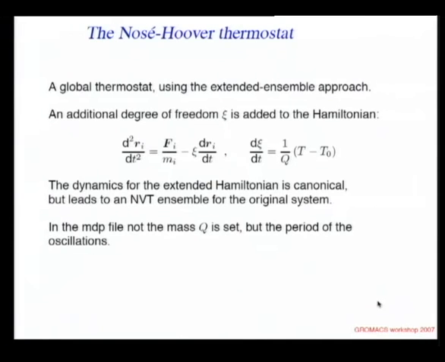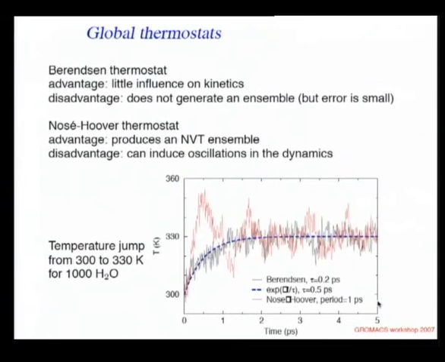You need to set a mass, but actually in Gromacs you need to set a period. The disadvantage here is that you can get oscillations, like I've shown here. I have a box of water at 300 Kelvin, I increase the temperature to 330 Kelvin, then for the Nosé-Hoover thermostat you get this red line which goes up and down, oscillates, but for a Berendsen thermostat you would get a nice exponential behavior.